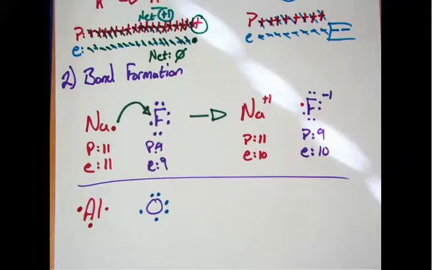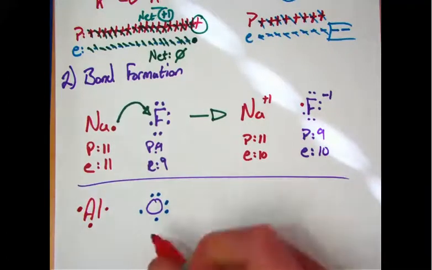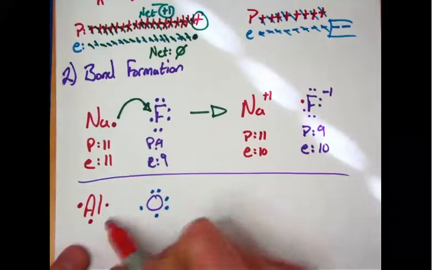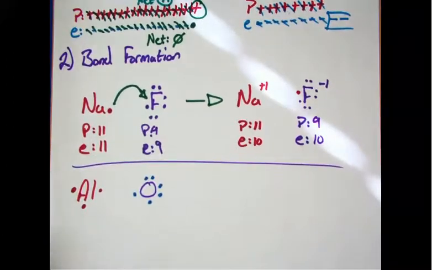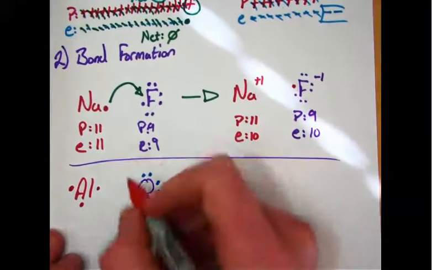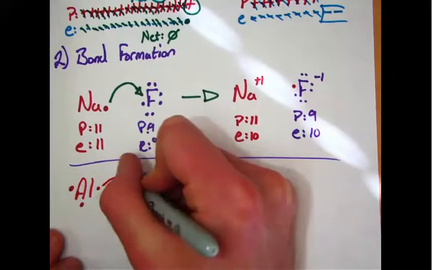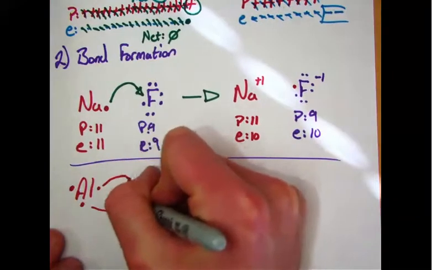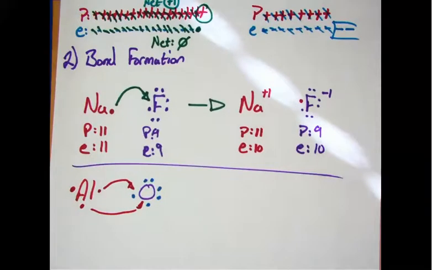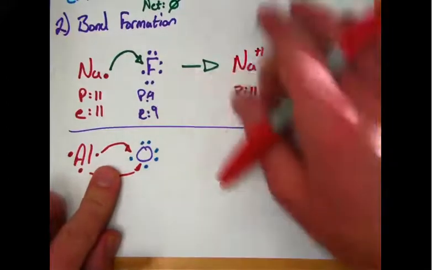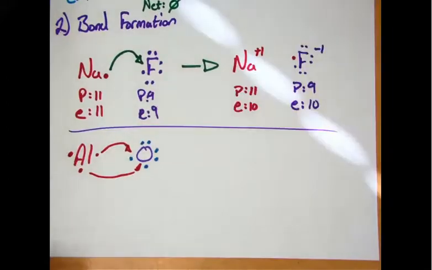Now, in order for that aluminum to lose all 3 of its electrons, we need to give them away somewhere. Now, unfortunately, that aluminum cannot give all 3 of its electrons to oxygen, because oxygen can only take 2. So this oxygen, I'm going to draw my arrows over, can take 2 of them, but then that third has to go somewhere else. Fortunately, these chemical reactions that we're describing with these symbols occur on the scale of millions or billions of atoms.